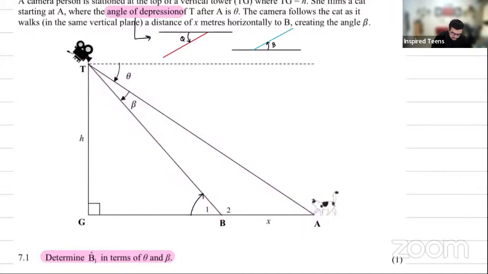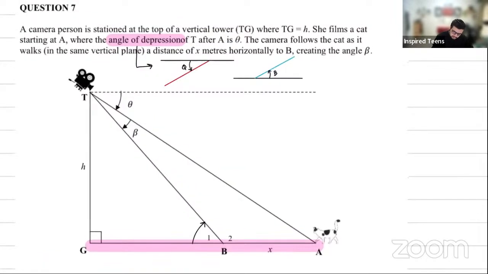Now, what you need to be able to see here is that we have a horizontal line. They tell us that the cat walks a distance of X meters horizontally to B. So that confirms to us that this is a horizontal line. So we have a horizontal plane here and a horizontal plane here. These two are horizontal planes, which makes them parallel to one another.